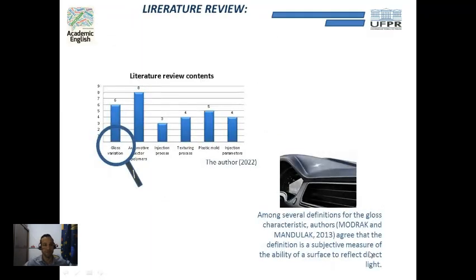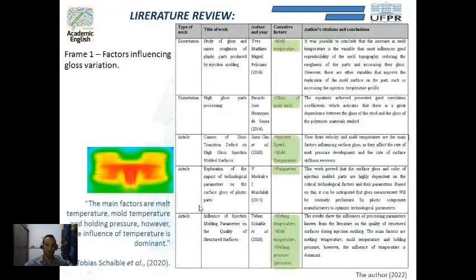Okay, in the literature review, I'd like to share the definition of gloss. The authors Mondrake and Mondolac, 2013, agreed that gloss is a subjective measure of the ability of a surface to reflect direct light. Continuing in the literature review, I created this frame.